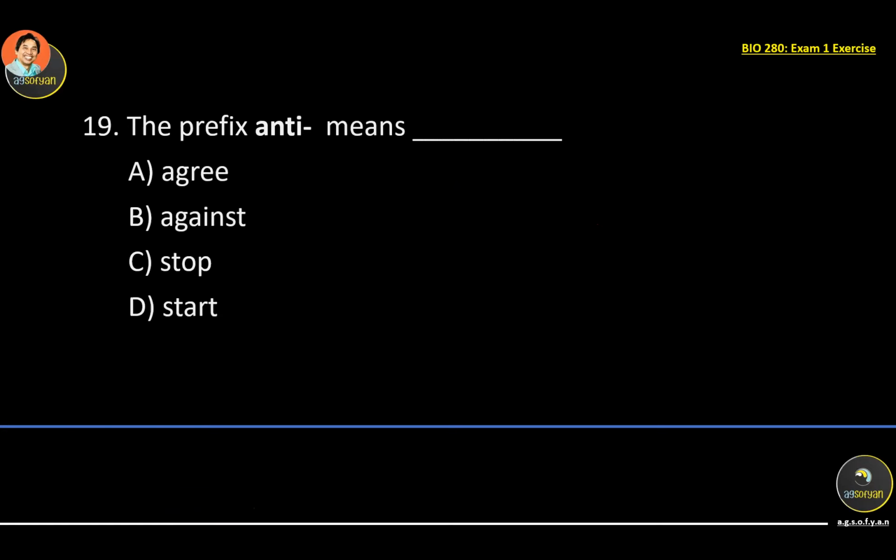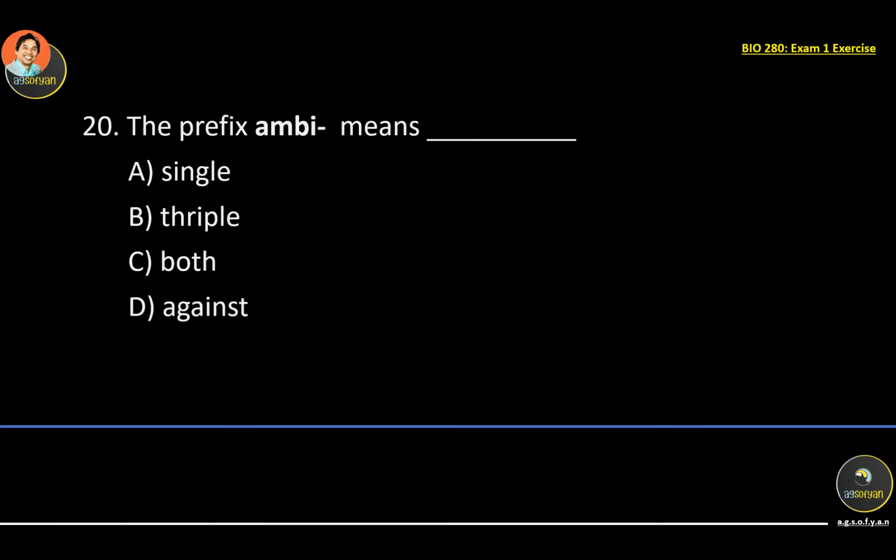The prefix anti, this is easy because this is a very common prefix, means against. Anti means against. Then the prefix amb, like ambiguous.